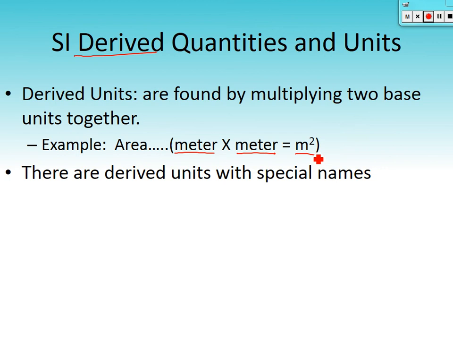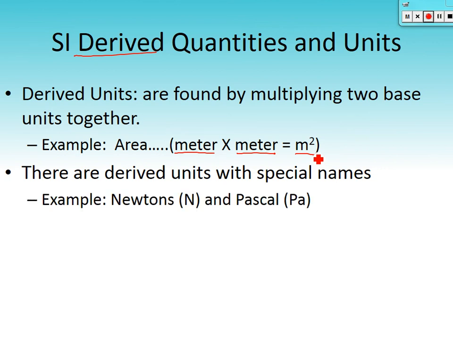There are derived units with special names. Example is a Newton. We'll talk a lot about newtons in physics later on, which is a unit of force, and Pascal, which is a unit of pressure.